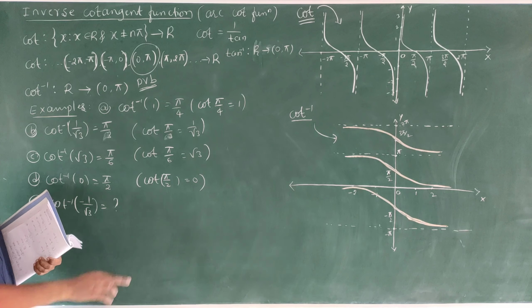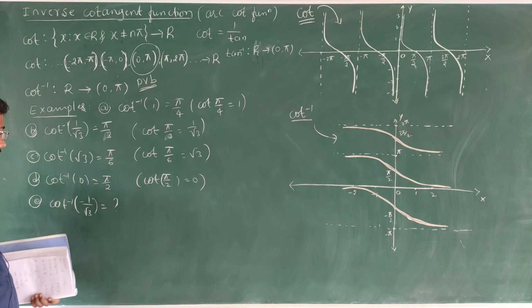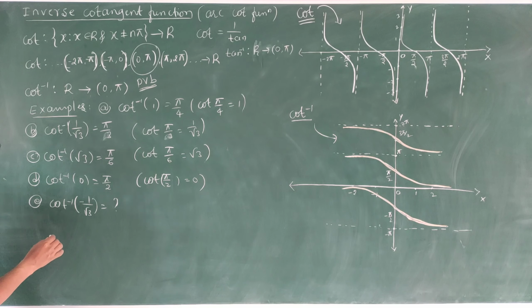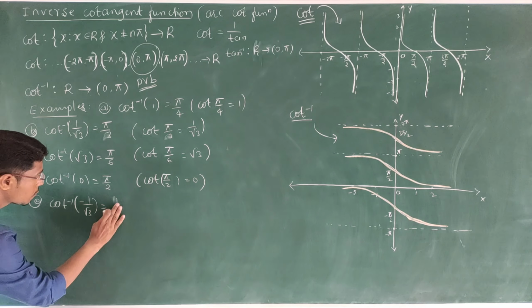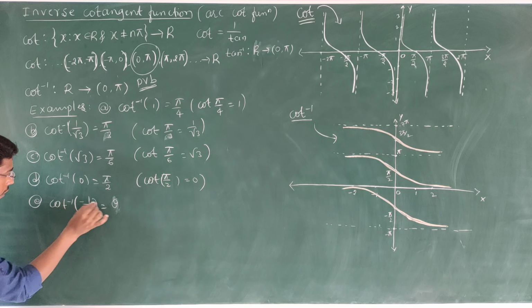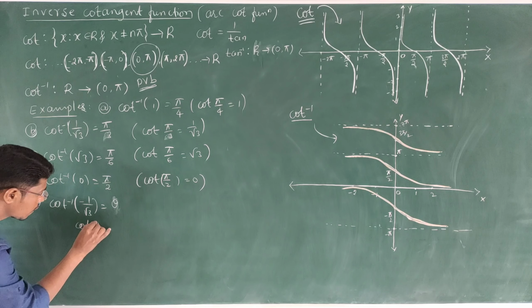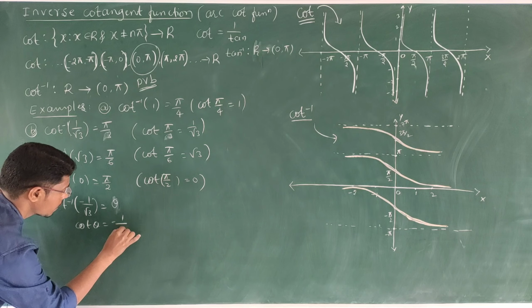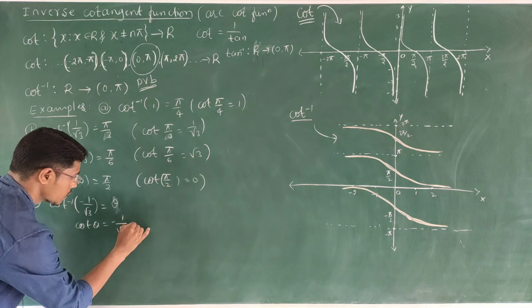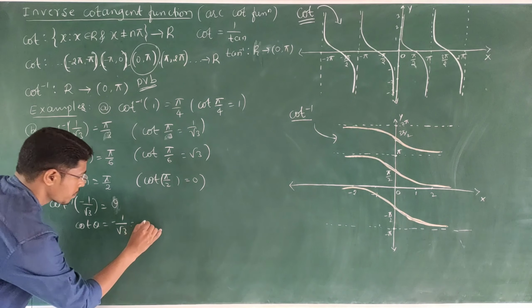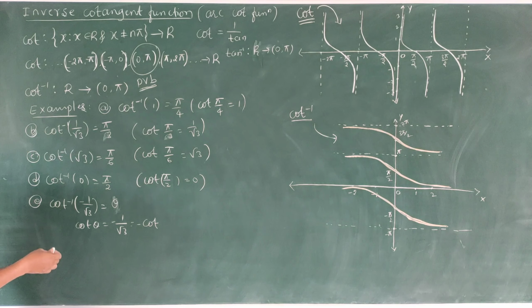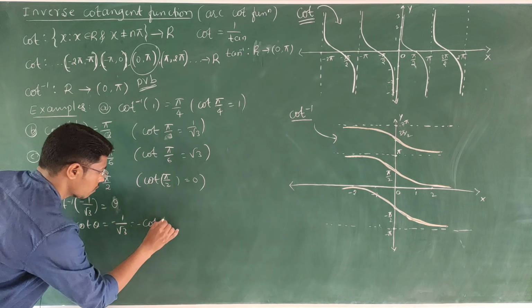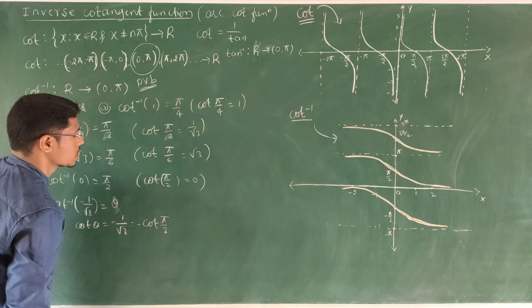In the second quadrant, cot becomes negative. Consider this equal to theta. Cot theta equals minus 1 divided by root 3. So this can be written in terms of 1 by root 3, and cot of pi by 3 is 1 by root 3.